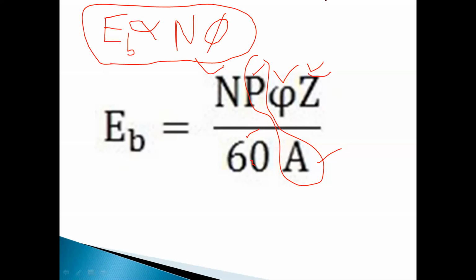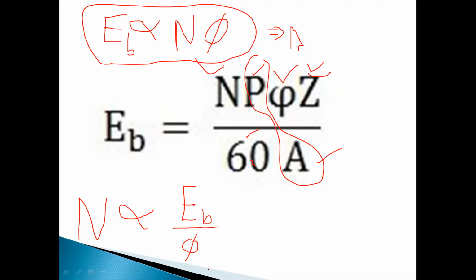So from this equation, the speed of the motor N is proportional to back EMF divided by flux.